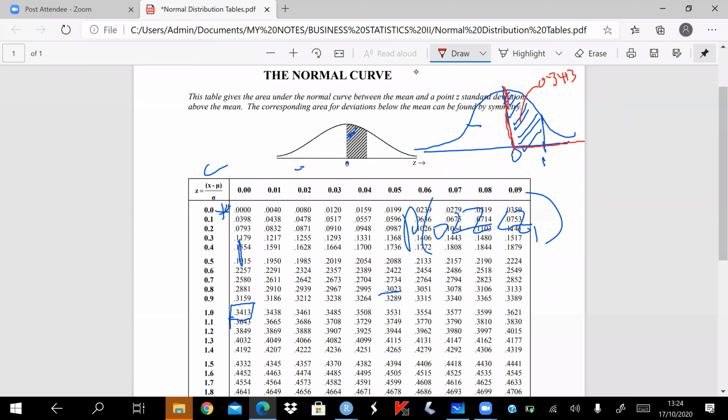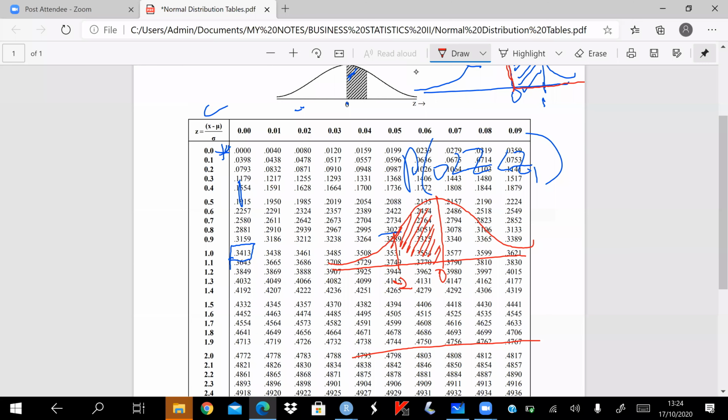If I need this area here, where this is 0 and this is minus 2, then that area is exactly equal to this area, using symmetry. 0 to plus 2 is the same as 0 to minus 2.